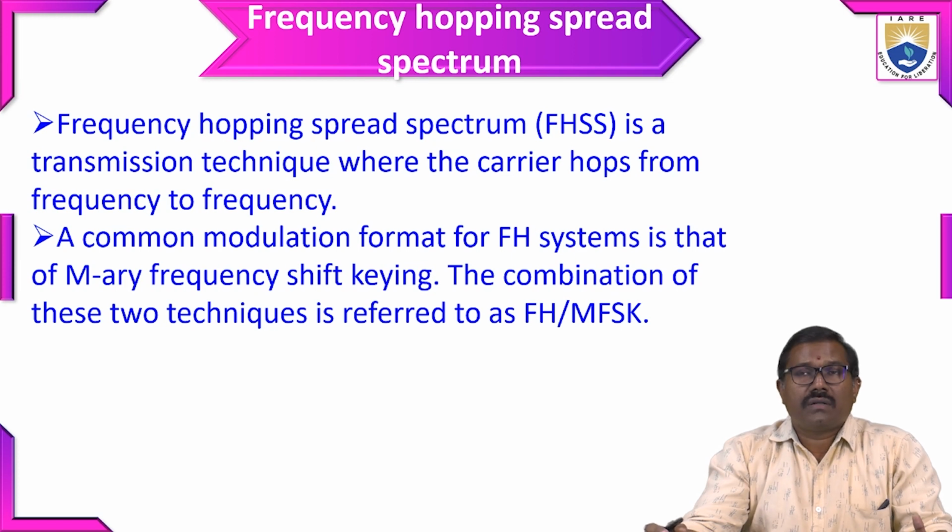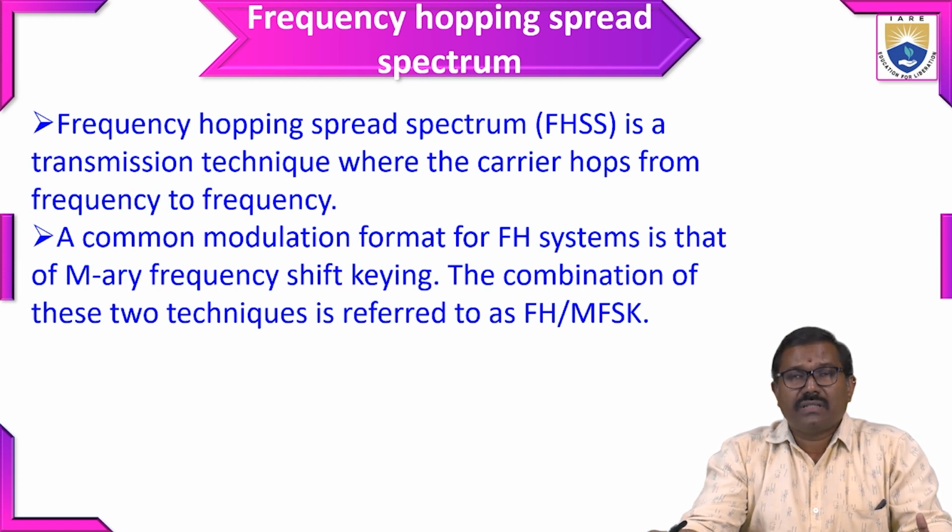If we stay on the same frequency, it is easy to catch, or technically hack. But when the carrier hops from one frequency to another, it is difficult for the hacker to hack your signal.